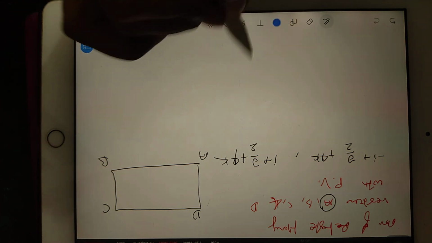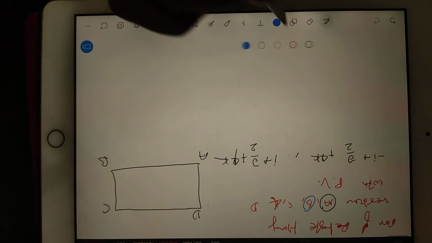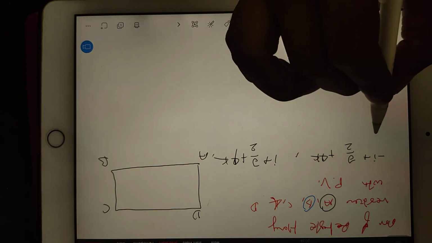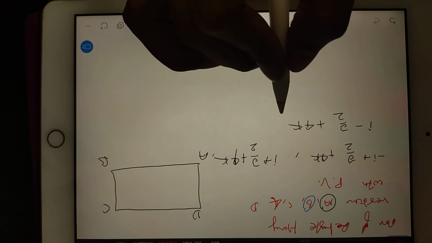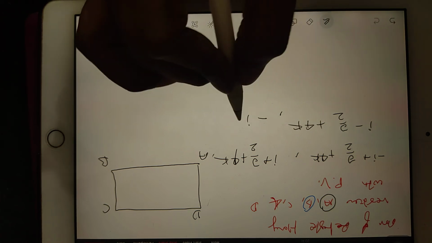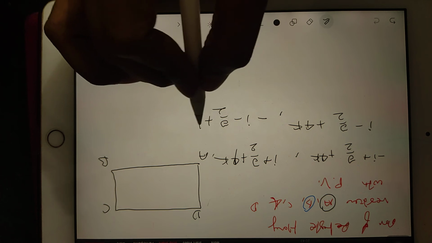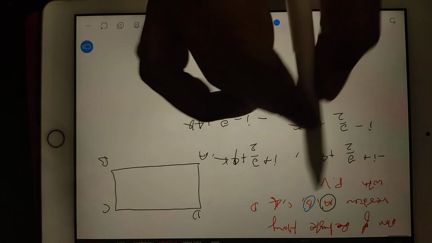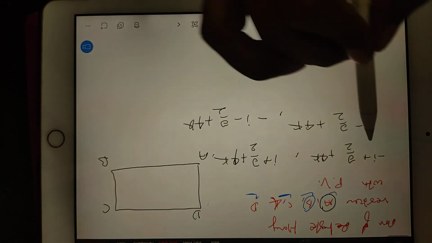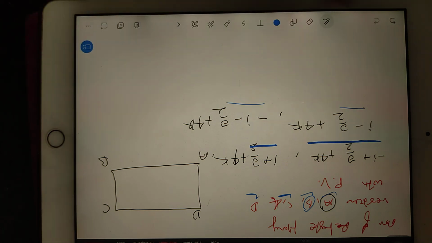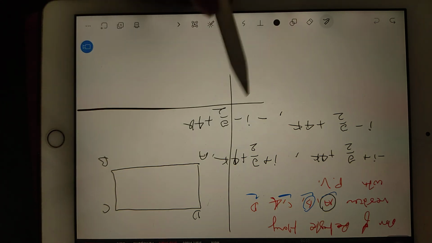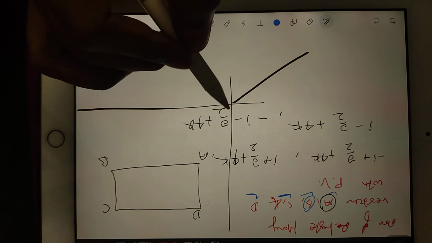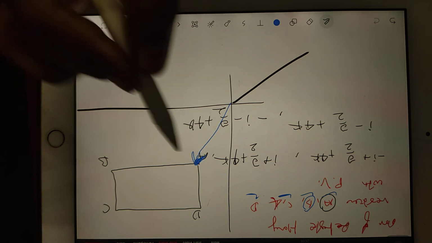Now this one is for B, and another one is i minus j by 2 plus 4k, and another one is minus i minus j by 2 plus 4k. So for all these 4 points A, B, C, D, their position vectors are given. Do you understand what the meaning of position vector is? Position vector means if I draw an x, y, z system here, then with respect to the origin, this is the vector for A.